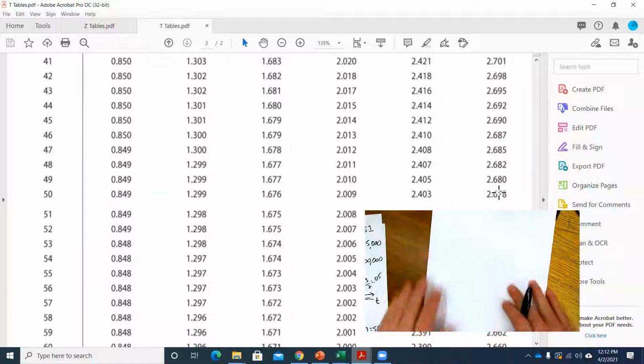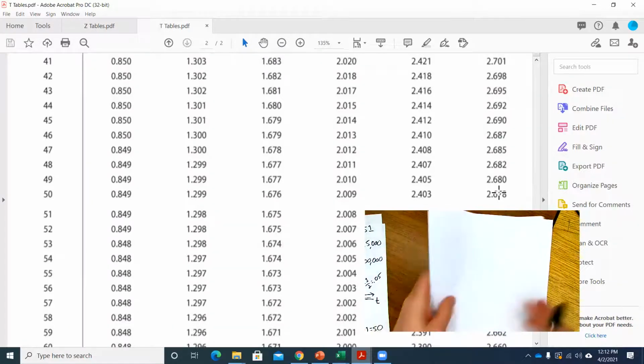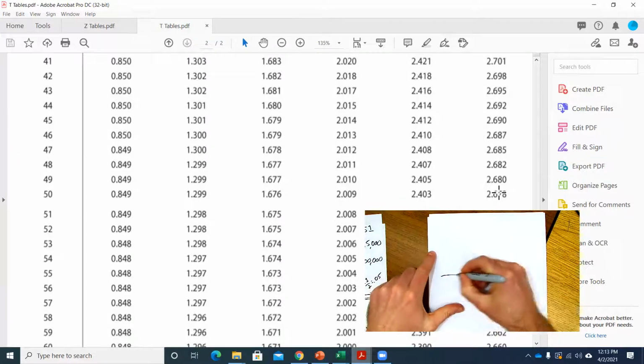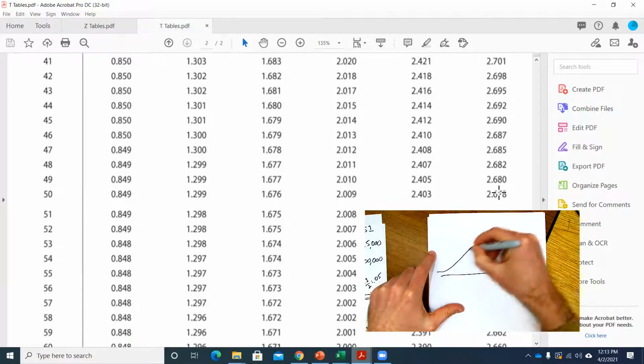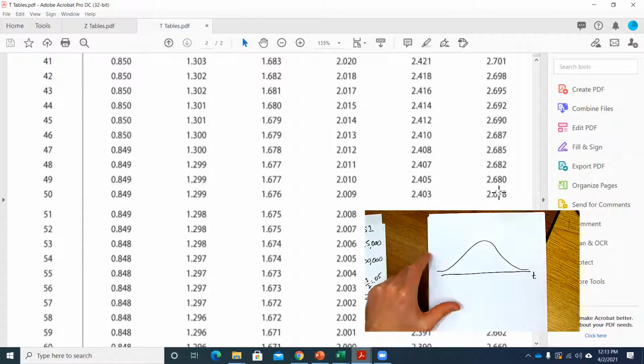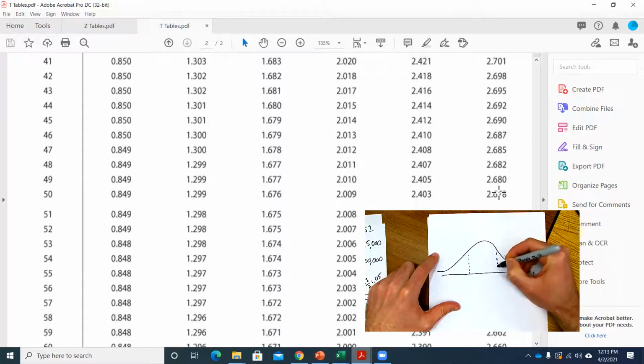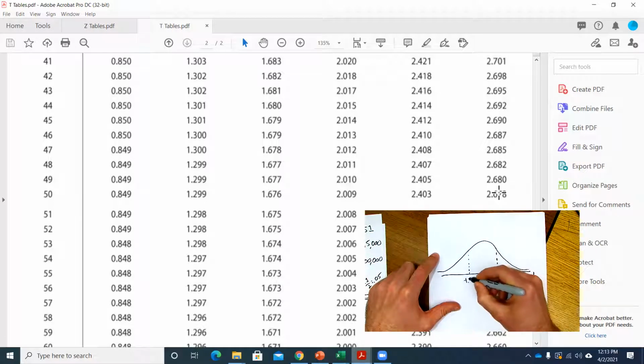Once I have those, what I could have done is thought about, let me see if I can get these here. So we go 1.676, negative 1.676.